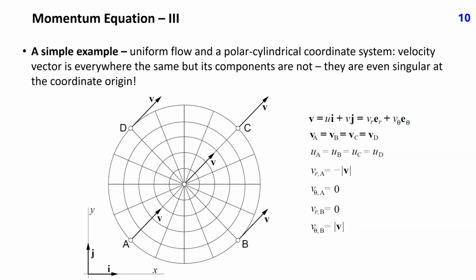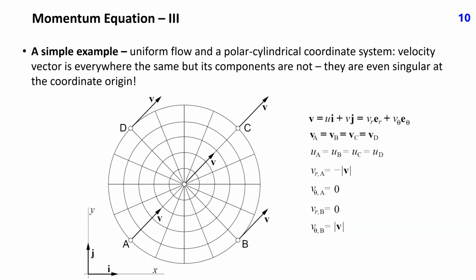In this case, the velocity vectors are the same at points A, B, C, and D, as well as at any other point in the flow domain because the flow is assumed to be uniform. However, in points A and C, the circumferential components are equal to 0, while at points B and D, the radial components are equal to 0.